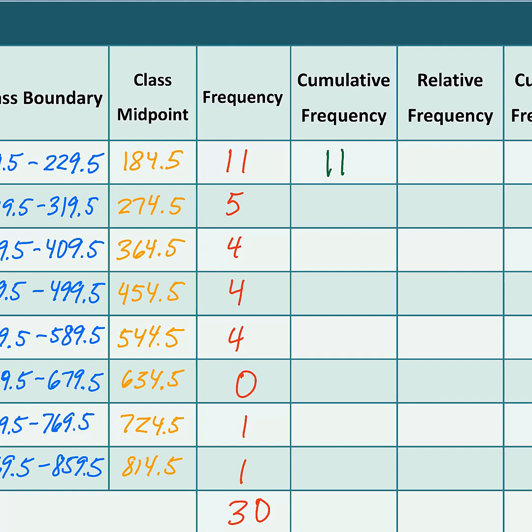So essentially, I'll be adding up the 11 and the 5, which gives me 16. Next, adding up the 11, the 5, and the 4, I get 20. One more time, adding up the 11, the 5, the 4, and then the next 4 gives me 24.